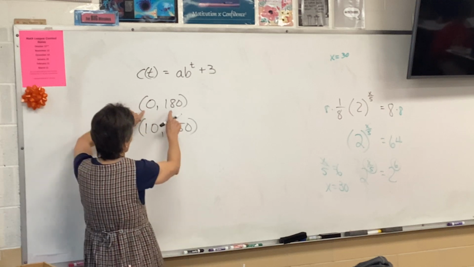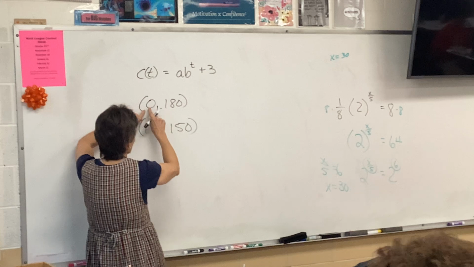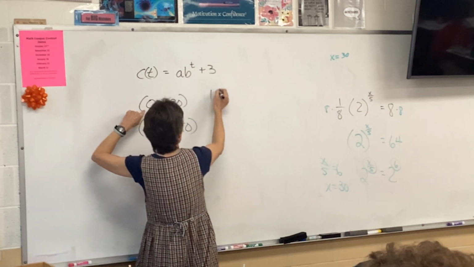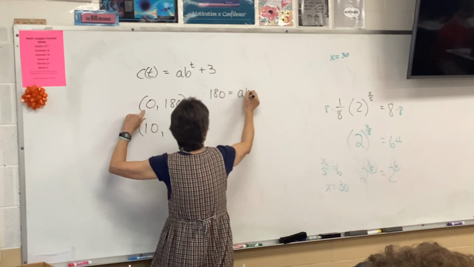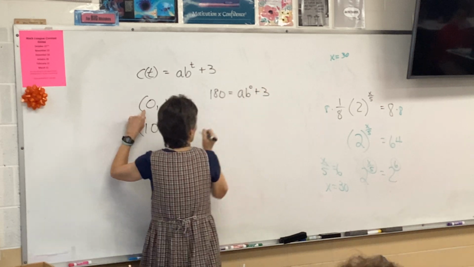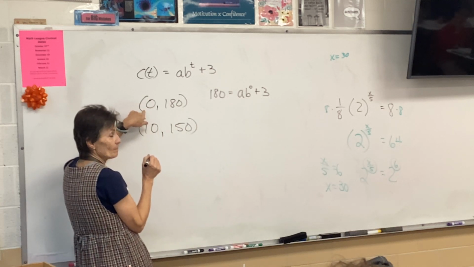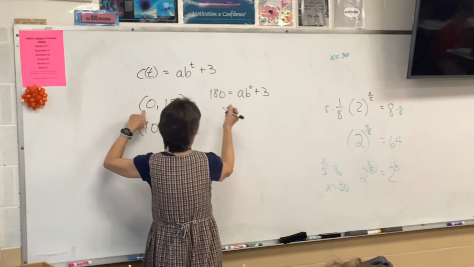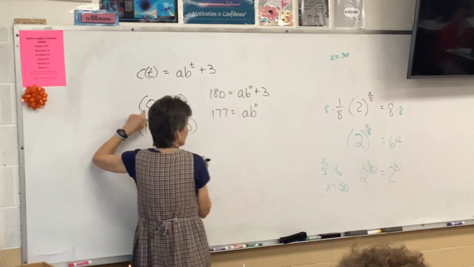So look, this is y, this is x. So 180 equals a b to the 0 plus 3. You okay with that? So 177 equals a b to the 0.